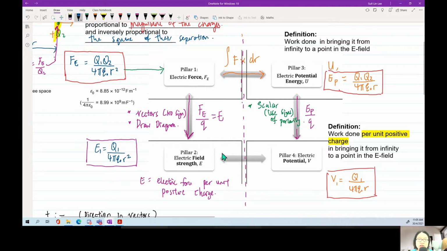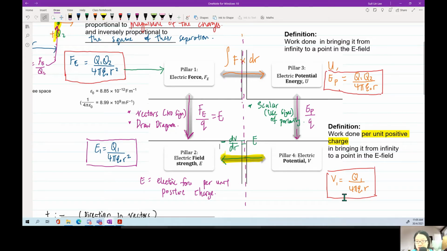One special connection that CIE love to ask is this part here. Remember potential gradient? When we go from left to right, we integrate; going in the opposite direction, we differentiate. So dV over dr is equal to E, but there's a negative here.